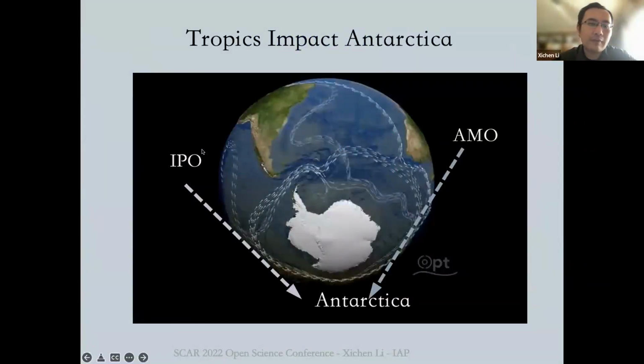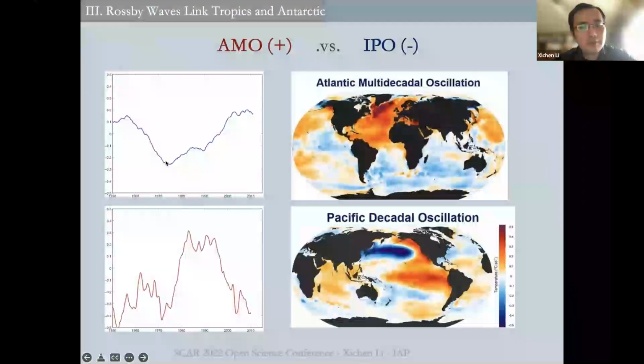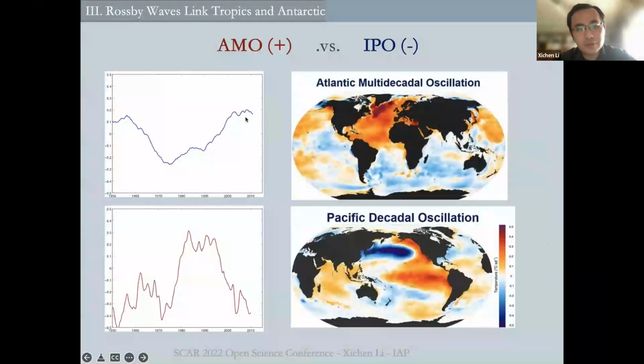So right now we have that IPO can impact the Antarctica, and the AMO can also impact Antarctica. But what happened in the past 40 years? So here's the time series of AMO and the IPO. We find from the 1980s to 2010, we have the positive phase of AMO, and from the late 1990s to about 2015, we have a negative phase of IPO.